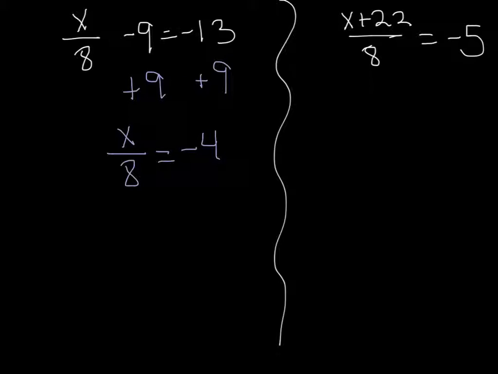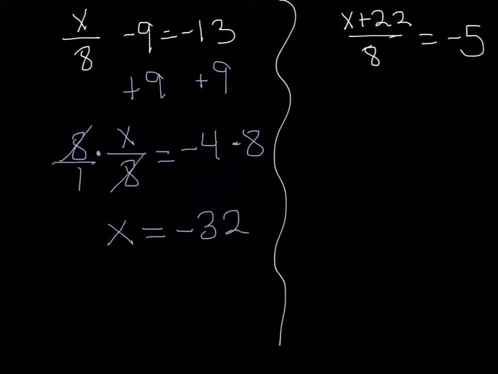Now we can get rid of the 8 by multiplying both sides. Or if it helps, you can put 8 over 1 over here. That way your 8's cancel, leaving you with x over 1, which is just x. And negative 4 times 8 would be negative 32.